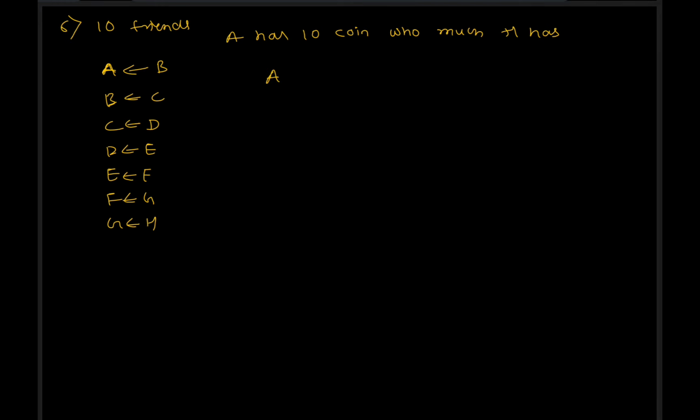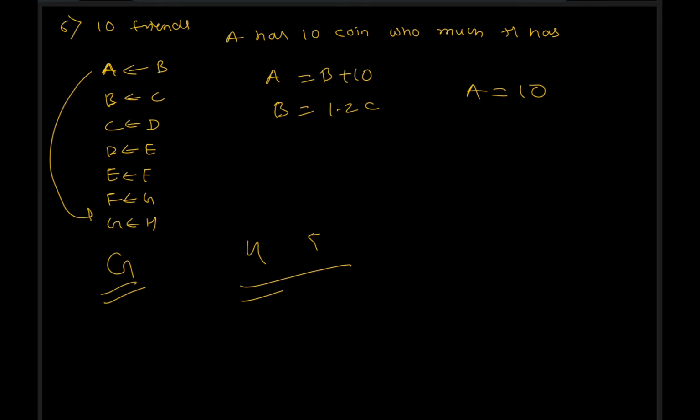He told that A is 10 more than this, B is 20% more than C. This is how the questions were, and then they said if A has 10 coins, what will be the coins of G. This will definitely take around 4 to 5 minutes.